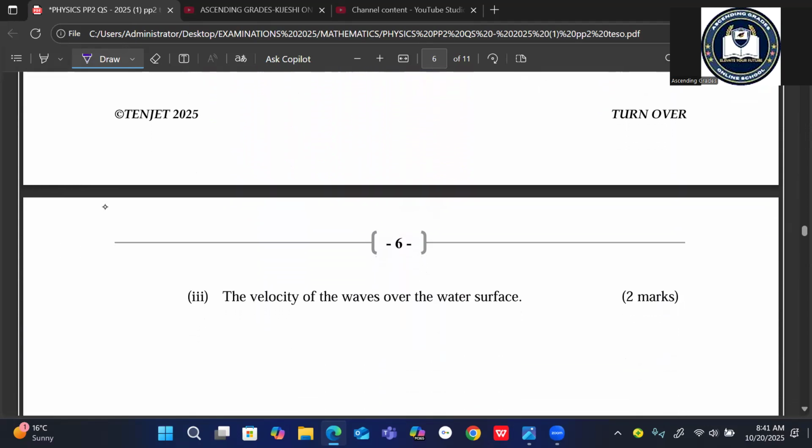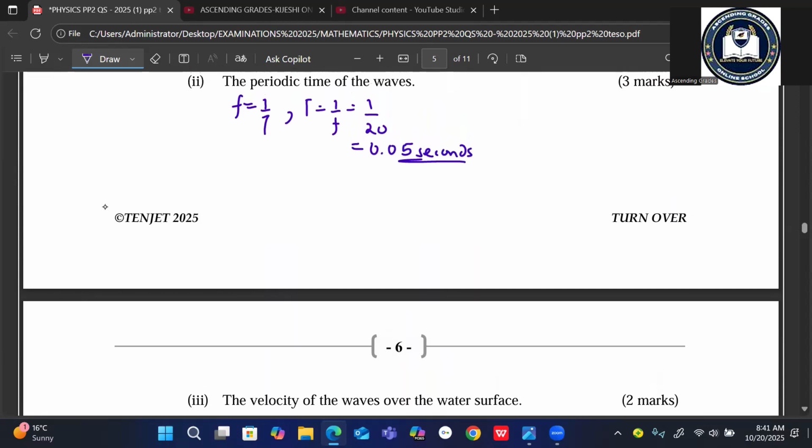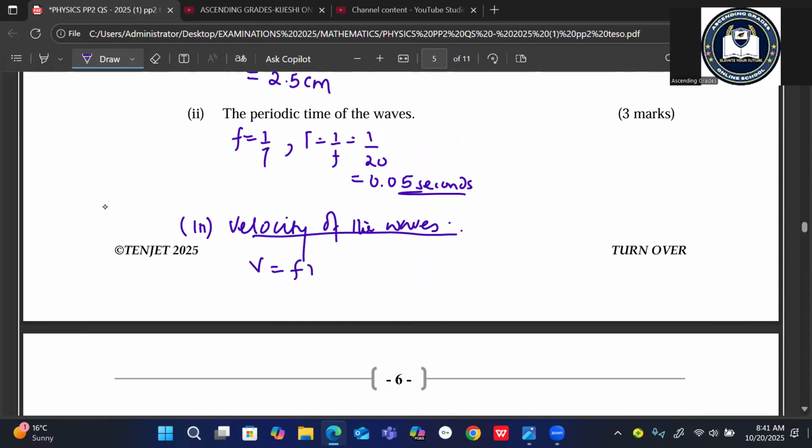And now you ask the velocity of the waves over the surface. So velocity is given by f lambda, and this will be a frequency of 20 times 2.5.